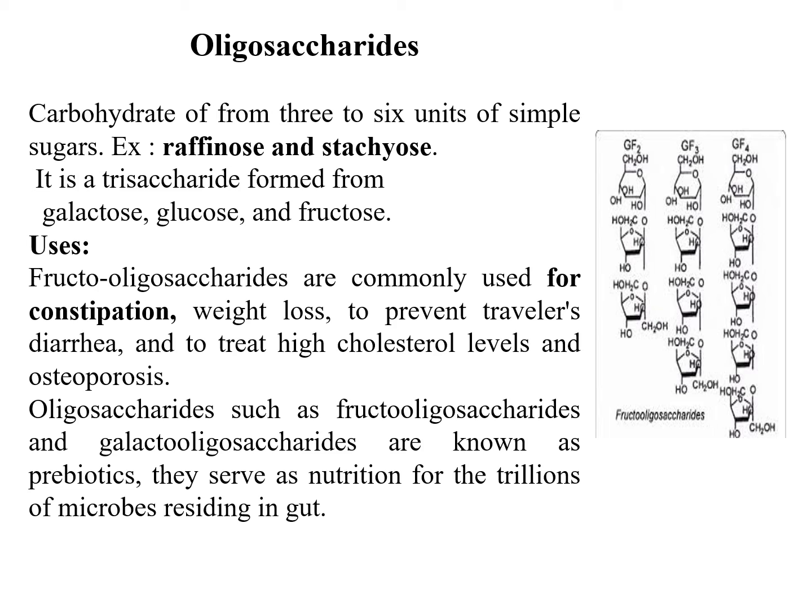Oligosaccharides such as fructo-oligosaccharides and galacto-oligosaccharides are known as prebiotics. They serve as nutrition for the trillions of microbes residing in your gut. This is good food for the microbial flora in your stomach.